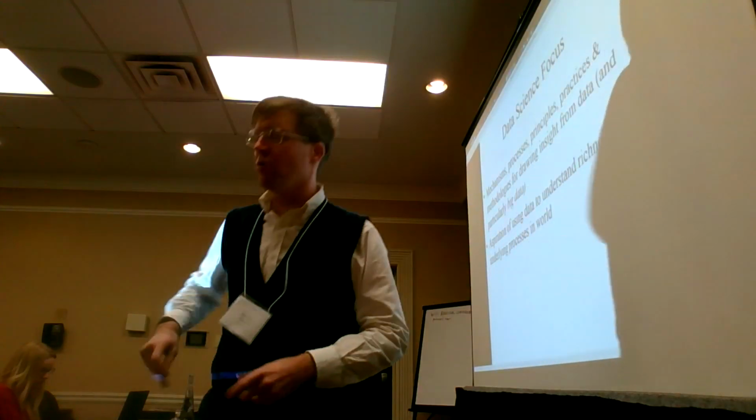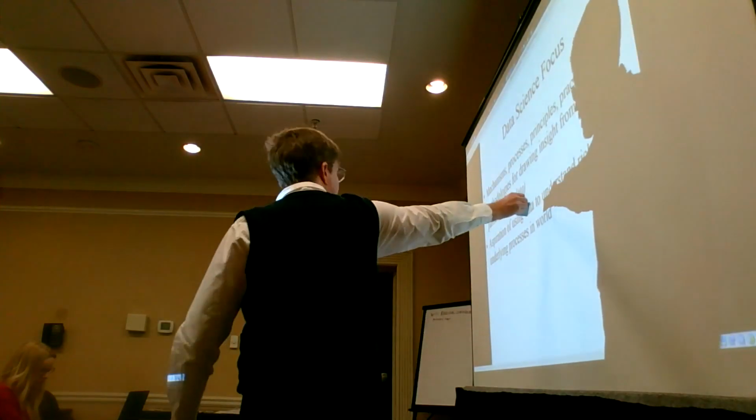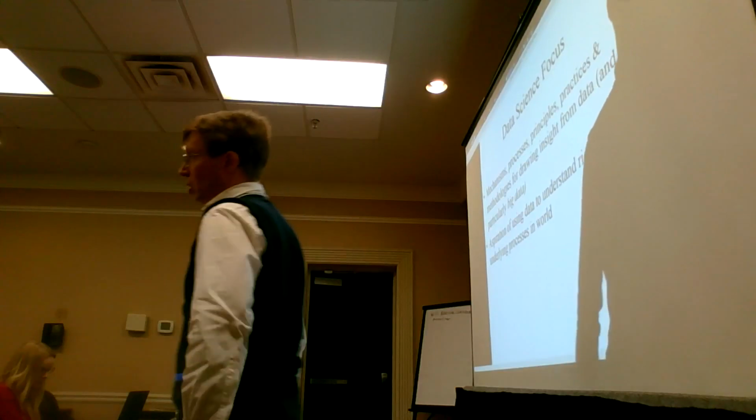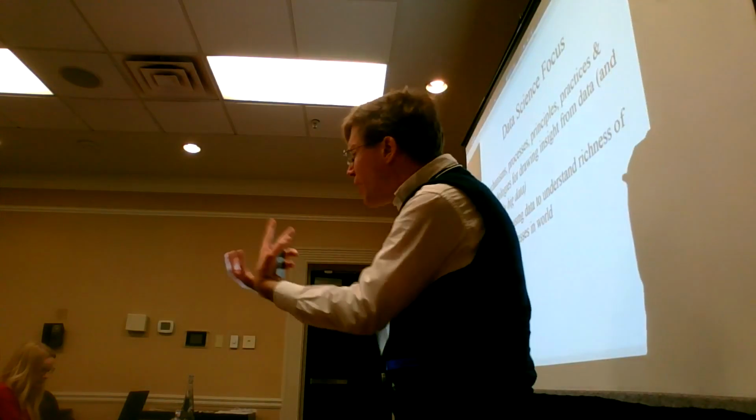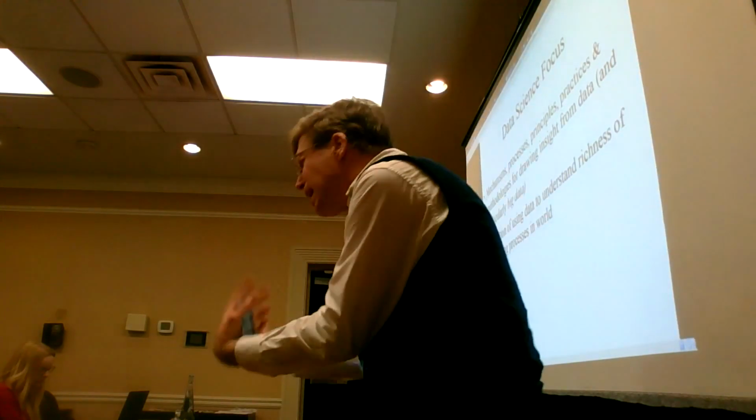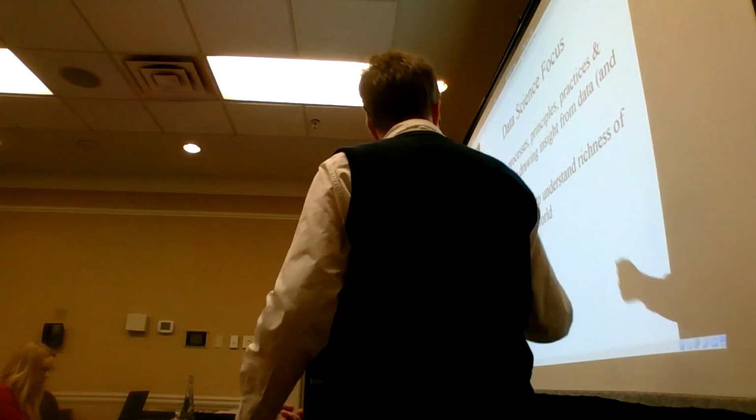And I would argue that it's particularly there that system science comes in. Because system science is all about reasoning about what's going on in the world. What are the underlying processes? What are the mechanisms by which the world is working?